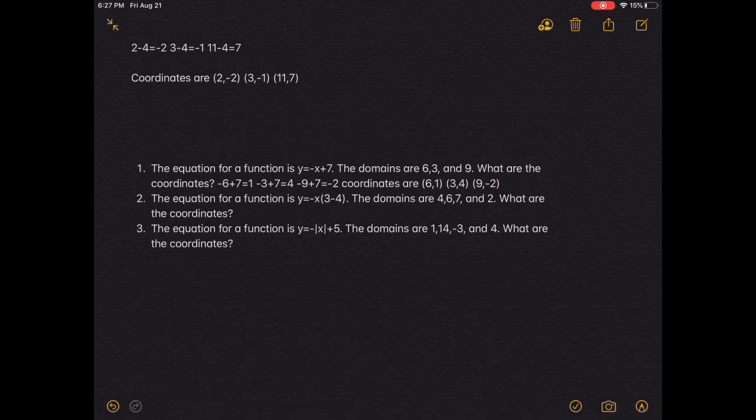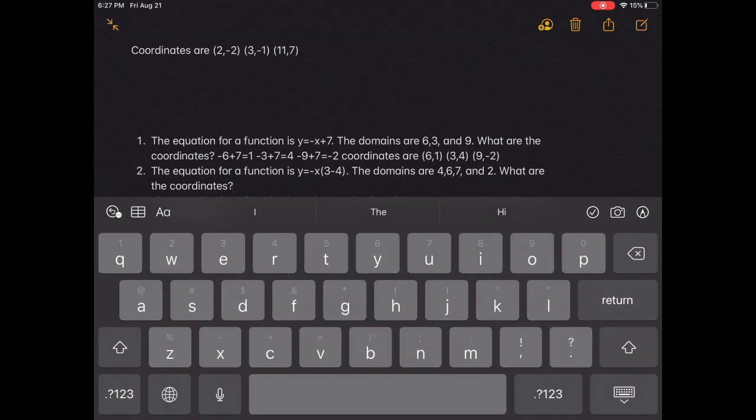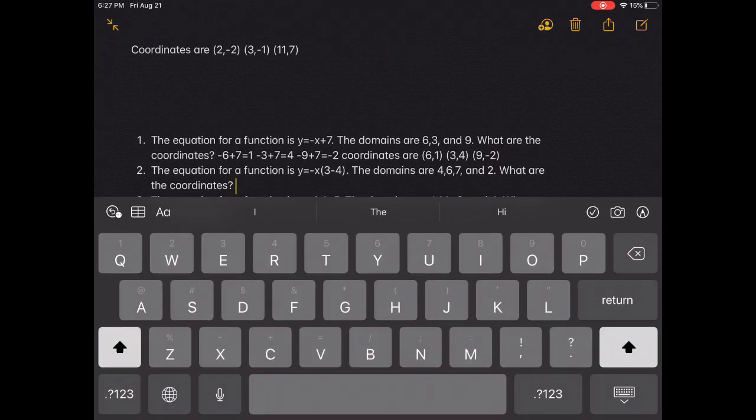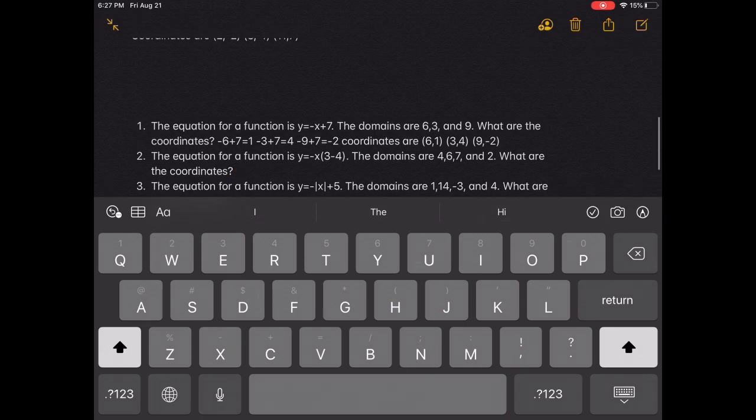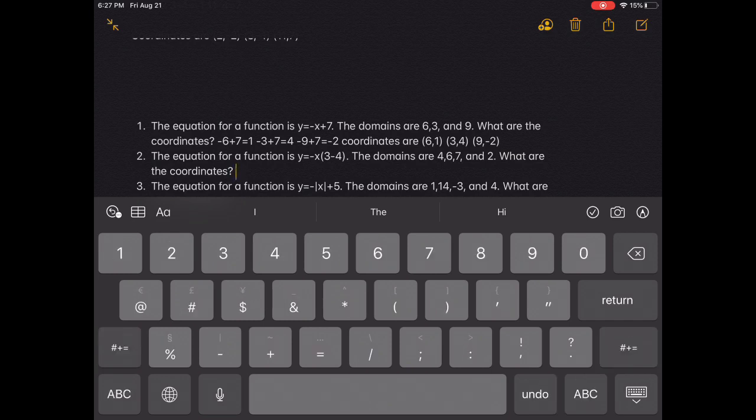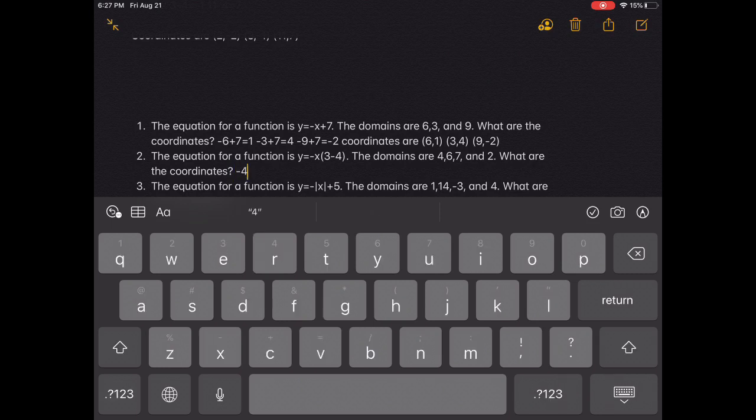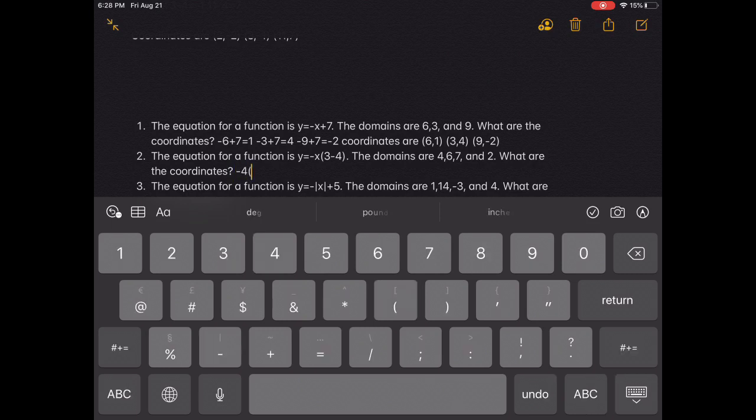Okay, great. I finally got done typing. So for problem number 2, it says the equation for a function is y equals -x, and then parentheses 3 minus 4. The domains are 4, 6, 7, and 2. What are the coordinates? Since the domains are the x's, for the first one, we do -4, and then we do the distributive rule.